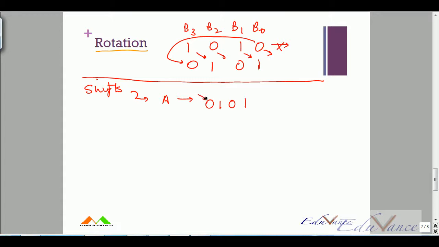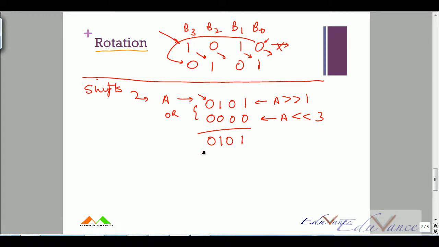And then to reclaim this 0, I would take the original A again and left shift it by 3. So in effect I would get 0 0 0 0. This is A left shifted by 3. This is A right shifted by 1. I would take both of them and I would OR them, which would give me 0 1 0 1.